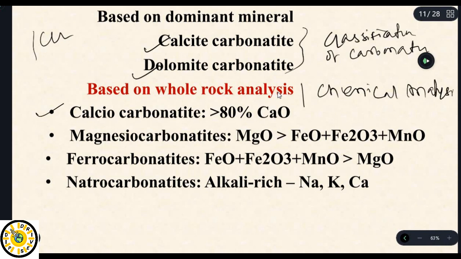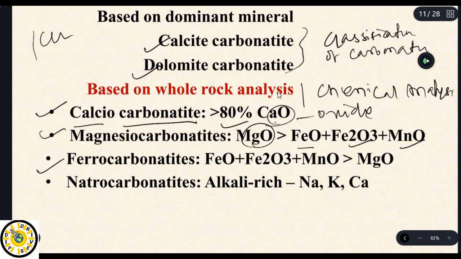Normally in calciocarbonatite, CaO is greater than 80%, this is the oxide, because when you do chemical analysis in the lab, you find the oxide content. In magnesiocarbonatite, MgO will be greater than FeO, Fe2O3 and MnO, and in ferrocarbonatite, FeO, Fe2O3 and MnO should be higher than MgO.